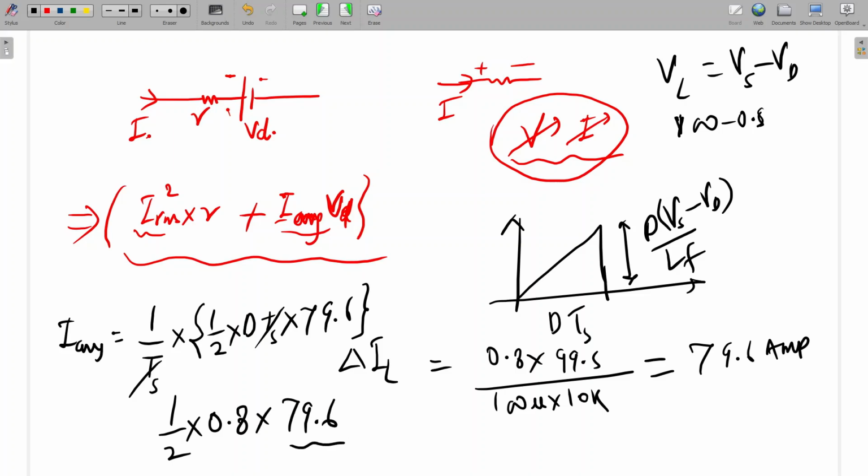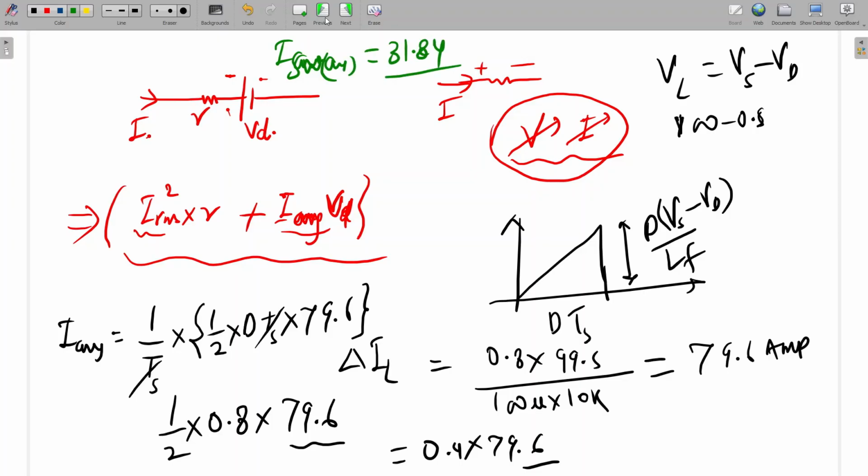This will be the average value of the current. So 0.4 into 79.6 is 31.84. So we got the average value of the current. I average is equal to I switch average, 31.84.